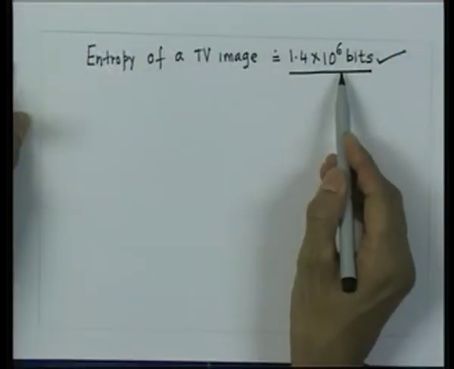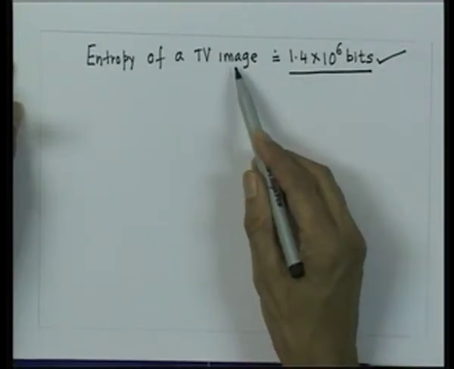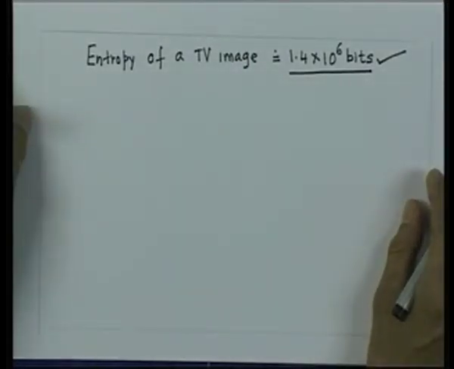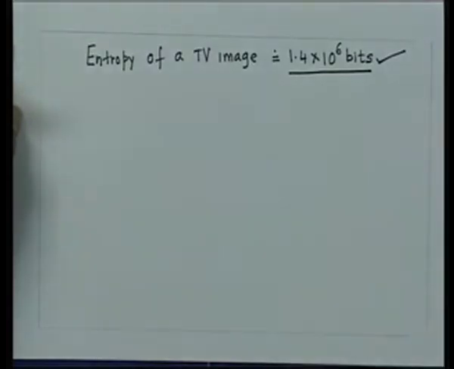The reason is that when we calculated this value, we assumed that each pixel or pel in the TV image was independent. In a practical situation, really this is not the case. This is one example of a source where the symbols, or the pels to be very specific in our case, are not independent, they are related to each other.